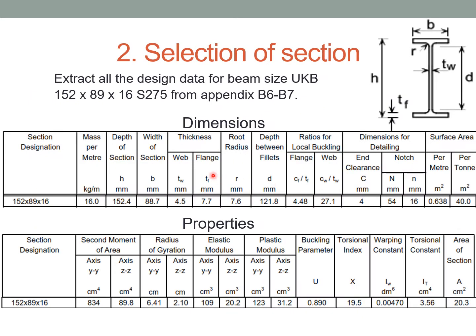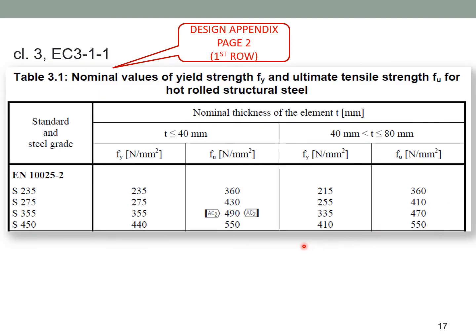For the selection of the section, based on the appendix at the back, page B6 to B7, you need to extract all the design data in terms of the dimensions and also the properties of the section. Also from the table, the nominal values of yield strength and ultimate strength are given in Table 3.1.